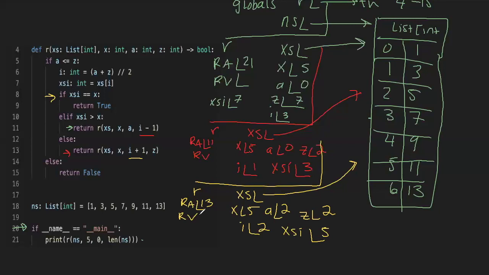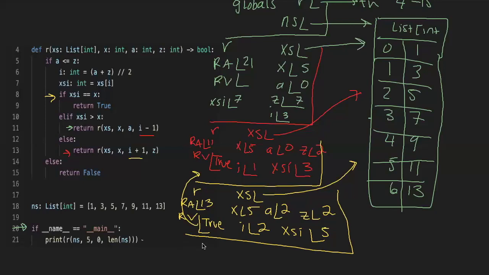So we return true. Okay. And so the return address, right, was 13. 13 is inside the R function. So we look for the most recently called R frame, which is the red one. And so this true gets sent back up here.